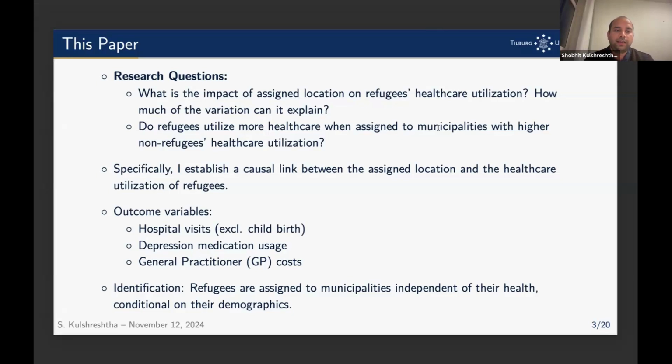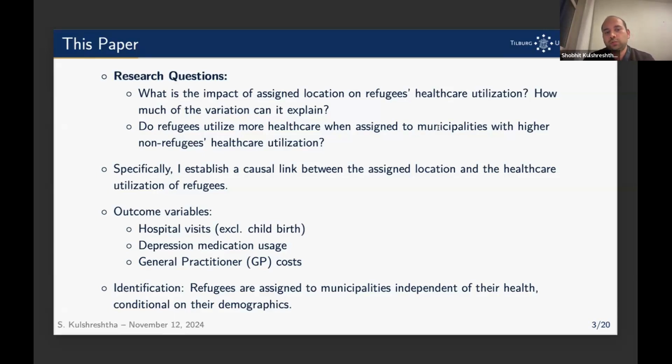In order to understand this effect, I use three outcome variables. All three of them are healthcare utilization measures. One is the hospital visits of these refugees. I also look at their depression medication usage and general practitioner cost.